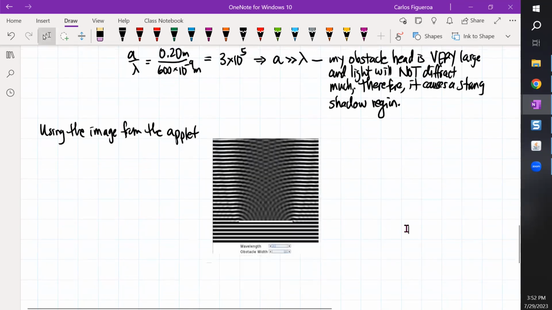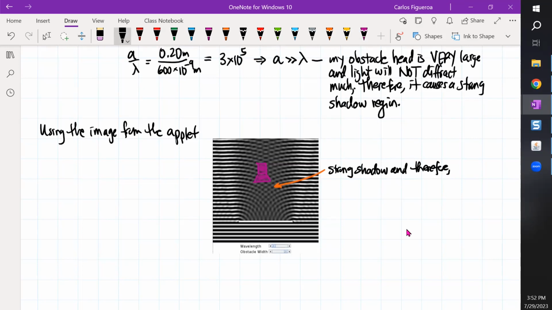You can see that now, if I have my detector right here, it's in a strong shadow. Right in here, we see that this is a strong shadow, and therefore light does not diffract well.